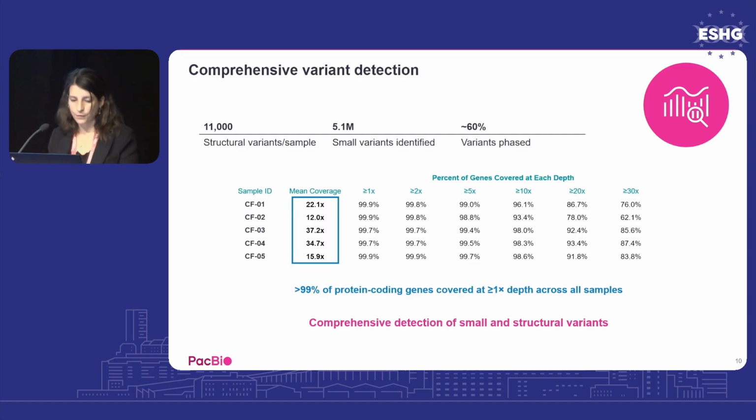Then over 5 million SNPs, and 60% of the variants were phased. Just to give you an idea, in the table it's interesting to see the mean coverage that we get for those samples. You see that it varies from 12 to 34x coverage, and this is linked again to the size of the DNA that was extracted.